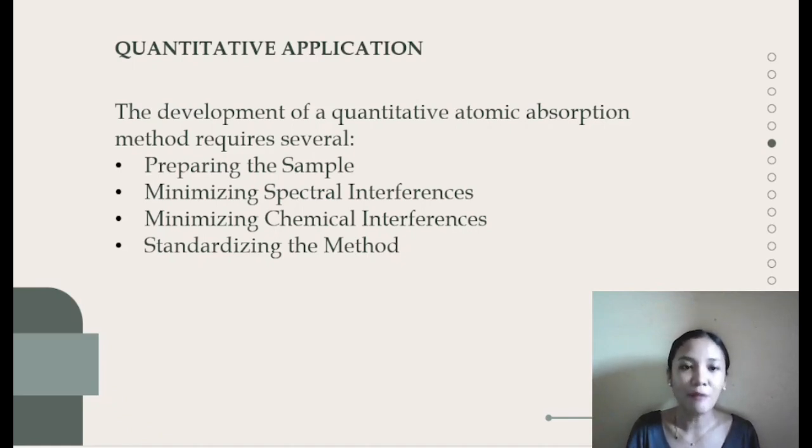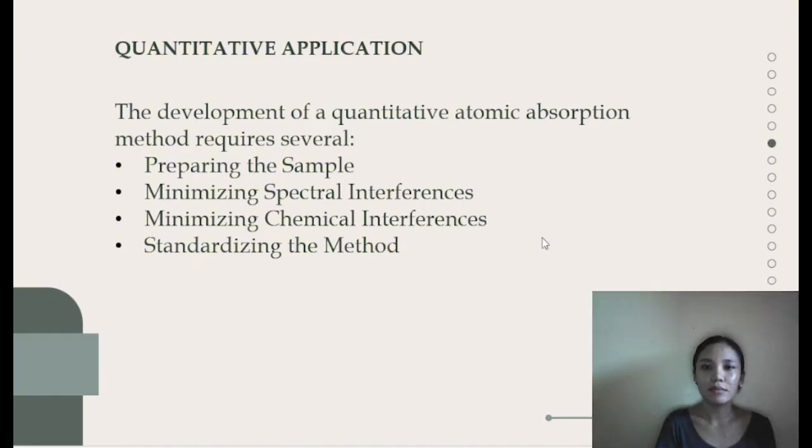Next, we have another criterion that we are going to consider, which is minimizing the interferences that occur in our analysis. The atomic absorption method has various interferences if our method is not accurate at all, and among them are the spectral and chemical interferences. Now, how do these two occur? Spectral interferences occur, first, if the atomic absorption line and the interference line overlap during the selection of wavelength and slit width.